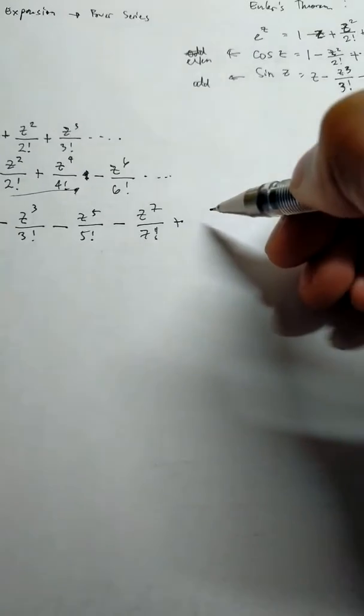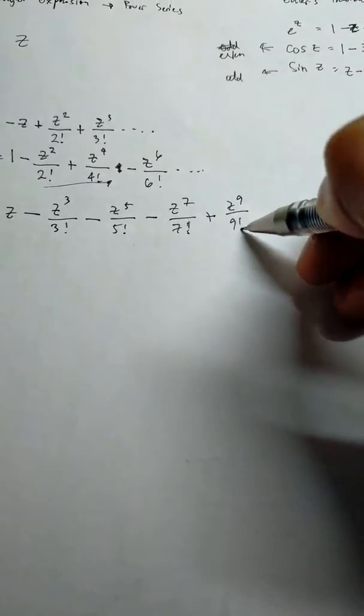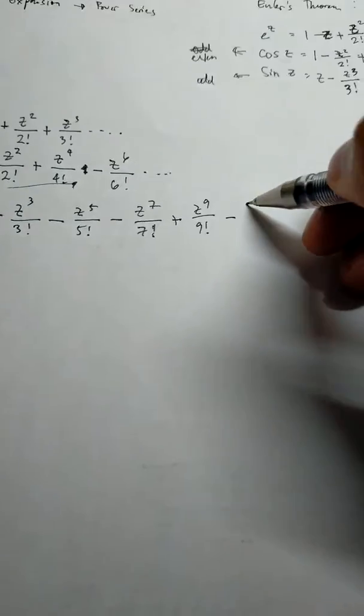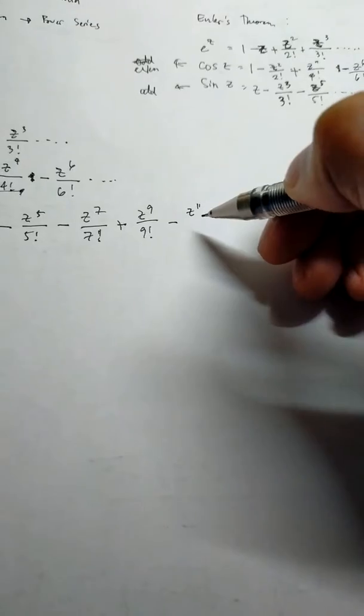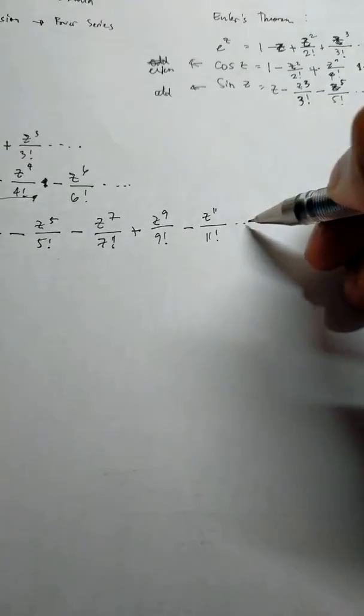Okay, so ma-plus na kita, so z raised to 9 over 9 factorial, then minus naman z^11 over 11 factorial, and so on.